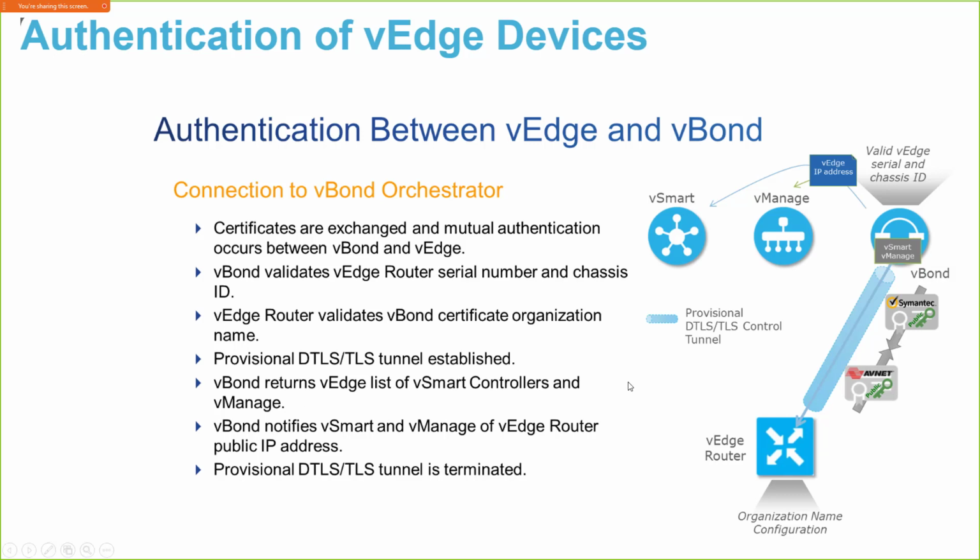So it automatically discovers the vManage device and the vSmart controllers. We establish our connection with them as the vBond orchestrator acts as an intermediary in this particular case. And then we get our configuration. We'll talk more about the zero-touch provisioning or manual provisioning process later on.